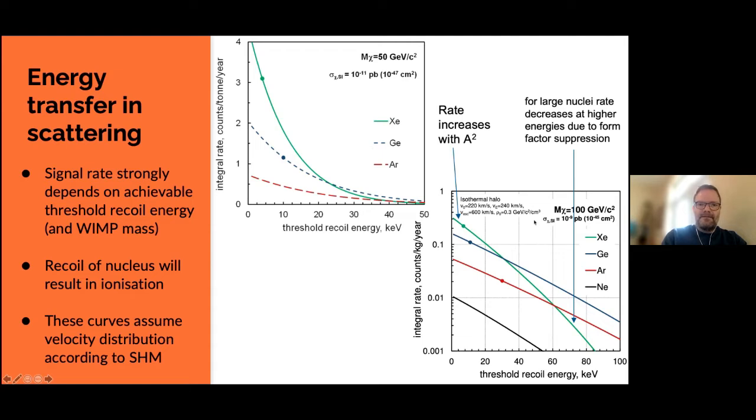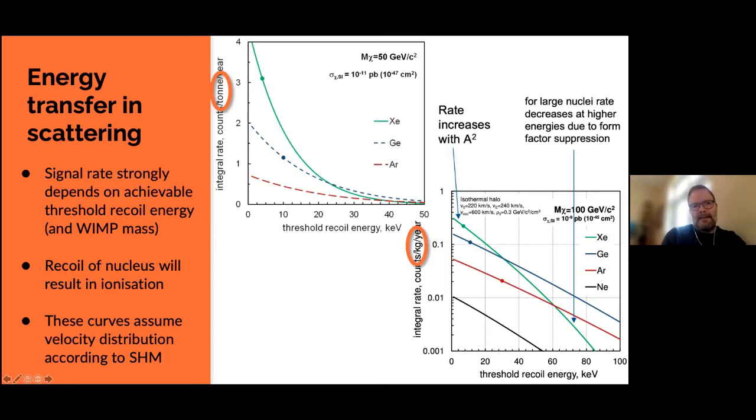And the figure on the right shows you the same, but for a 100 GeV dark matter particle instead of 50, this will have a different cross section. One thing to note here is that the rate is now on a log scale, and furthermore, it has changed from counts per ton per year to counts per kilogram per year.